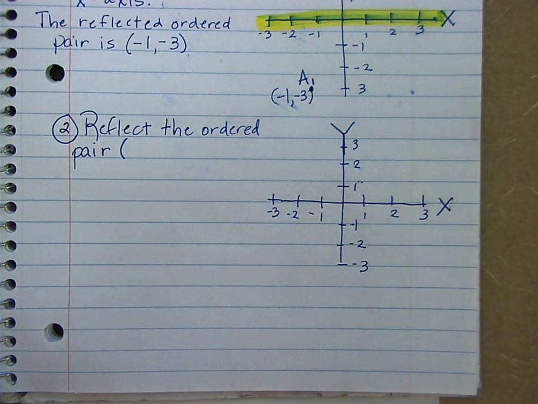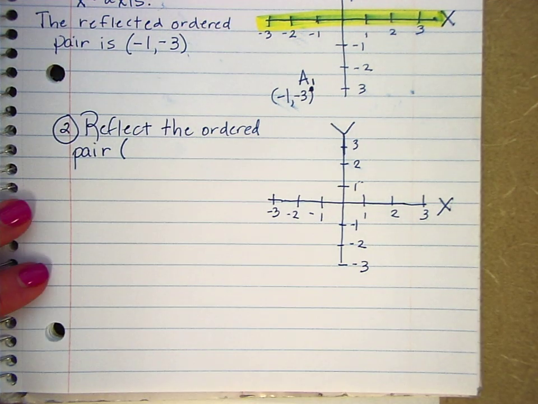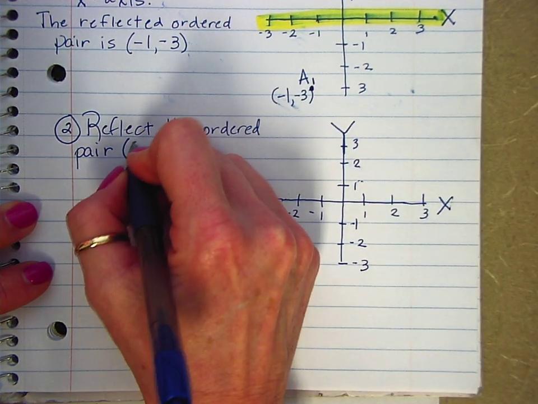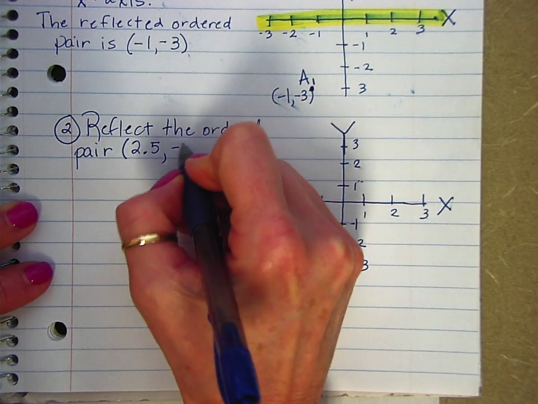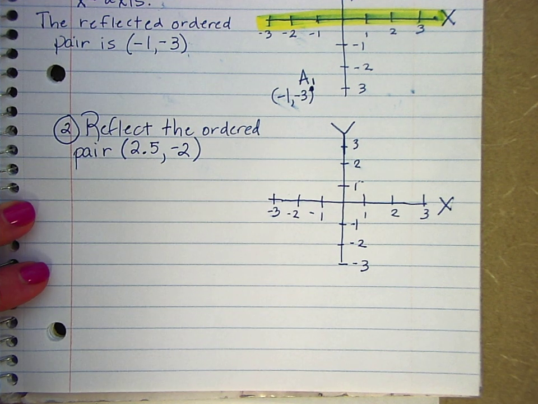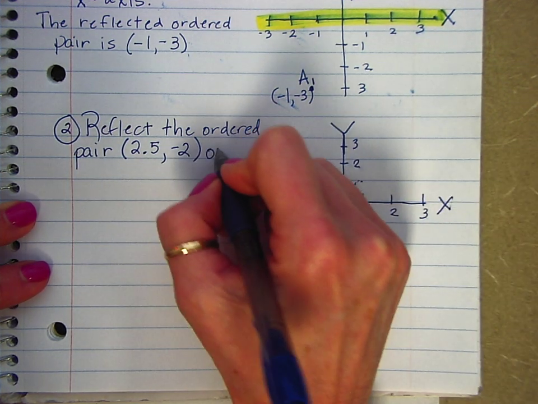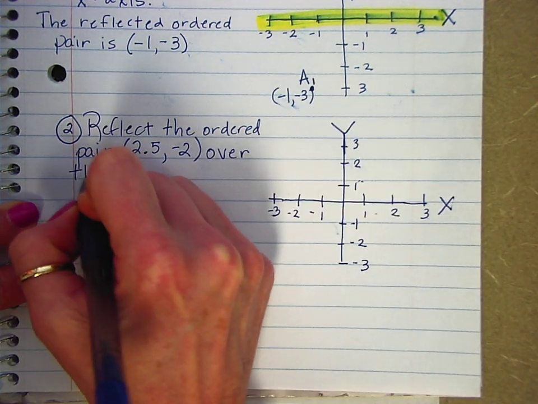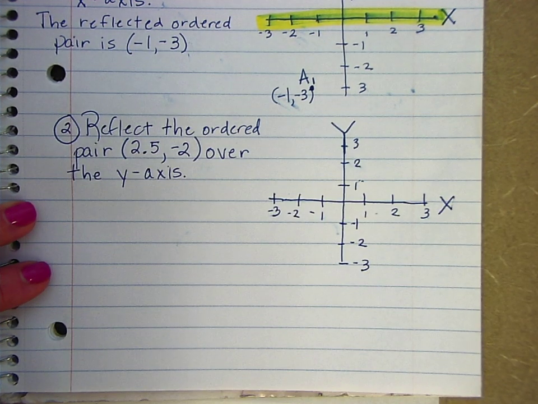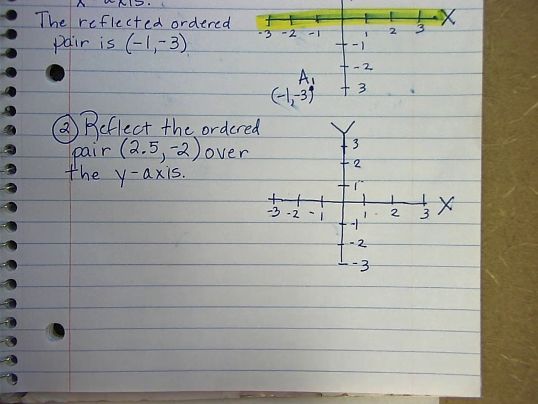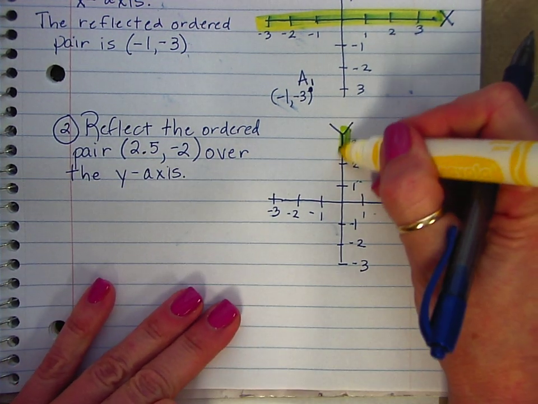Let me see here. Let's go +2.5, -2. So reflect that ordered pair. This time we're going to go over the y-axis. Okay, so I want you to highlight the y-axis because you'll see here in a minute.